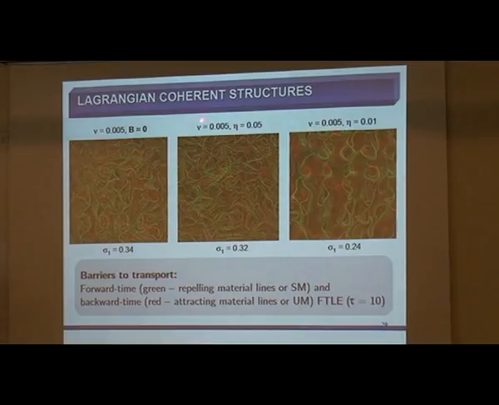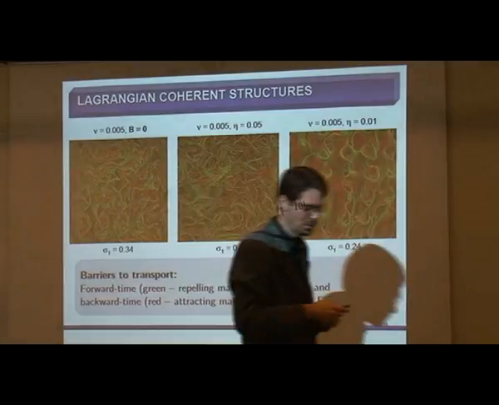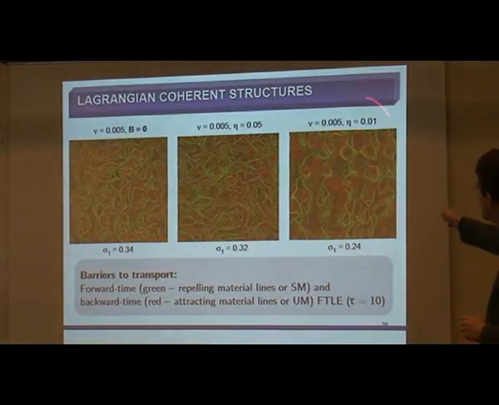But as you add the magnetic field and increase the magnetic Reynolds number, you will see that the Lorentz force will back react on the velocity field and will quench the chaos in the velocity field a little as a function of eta.